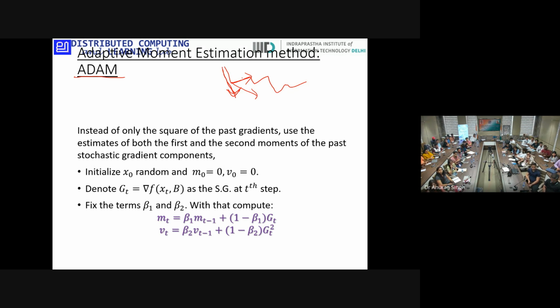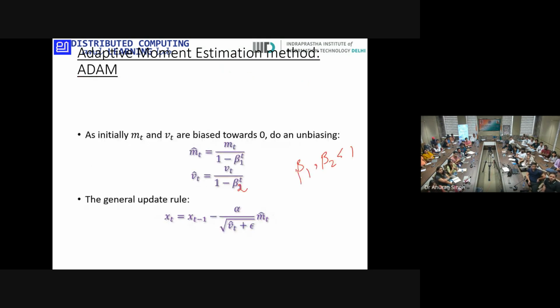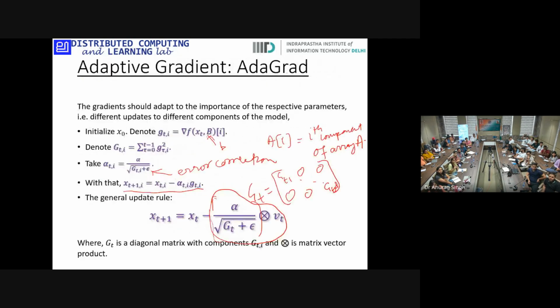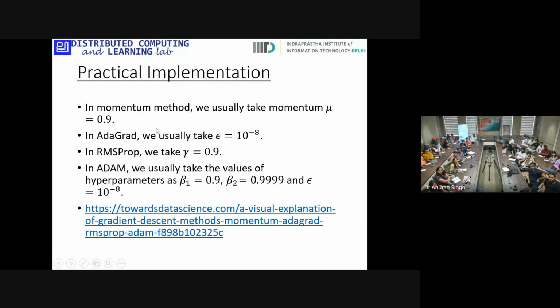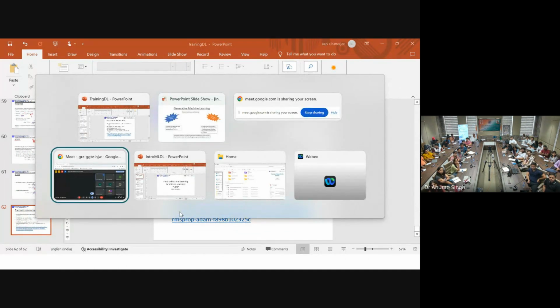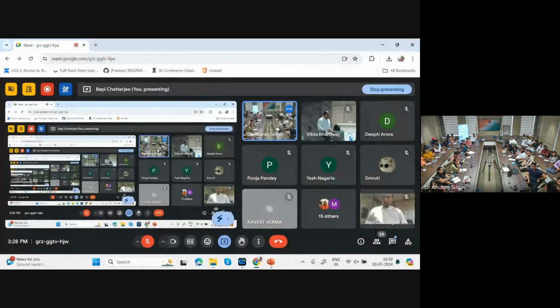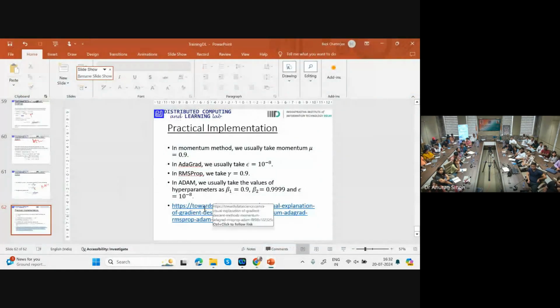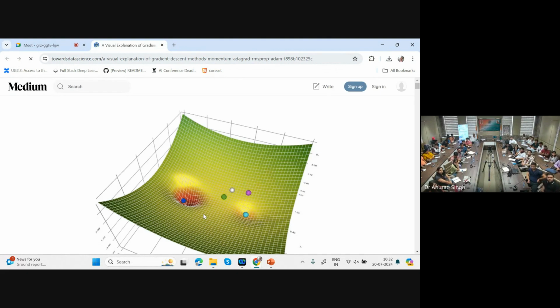There are multiple other variants, but because of shortage of time, I encourage you to go and check them out. There are very good resources available. For example, let me show this one. Yeah, so this is one Medium blog.